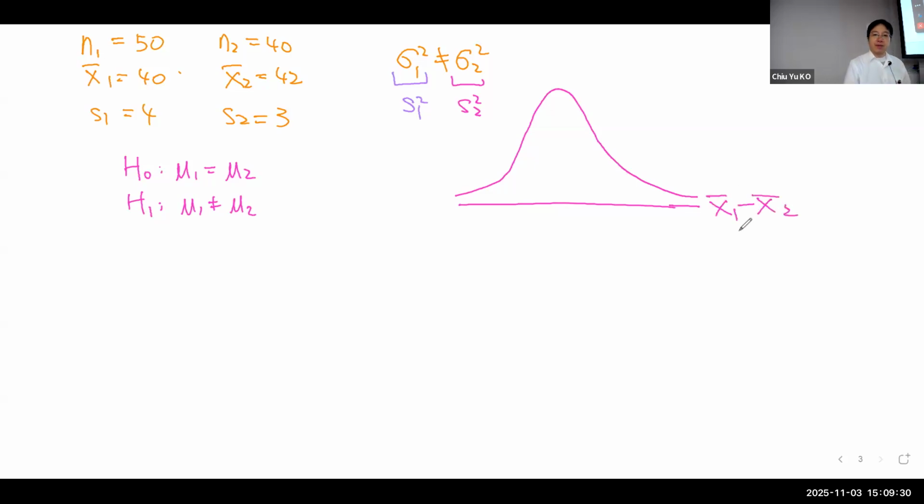It's still centered at 0, no difference from before, because this is under our null hypothesis. And the variance of this is now different: sigma 1 squared over n1 plus sigma 2 squared over n2. They no longer equal sigma, because before we assumed they were the same, so the formula was easier, but now we don't.